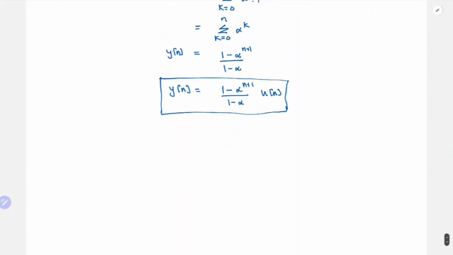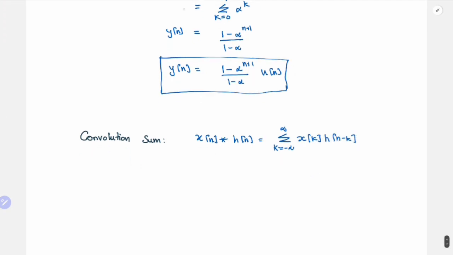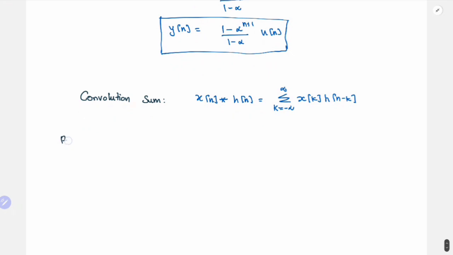So to summarize this, we saw the convolution sum, which is given by x of n convolved with h of n, which is nothing but summation k equal to minus infinity to infinity x of k h of n minus k. So now let us look at the properties of this convolution sum.